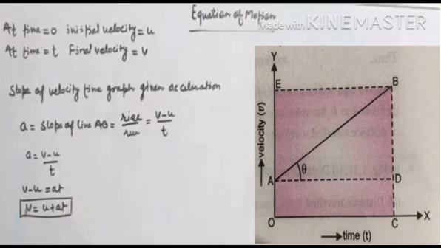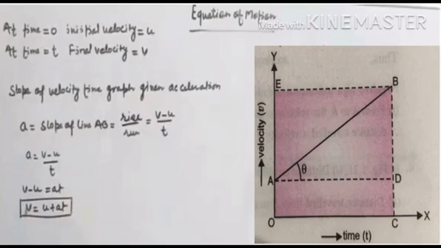So AB is equal to rise upon run, and the rise is AE and the run is AD. So AE is equal to v minus u and AD, which is parallel to and equal to OC, is equal to t. Therefore a is equal to (v minus u) upon t.